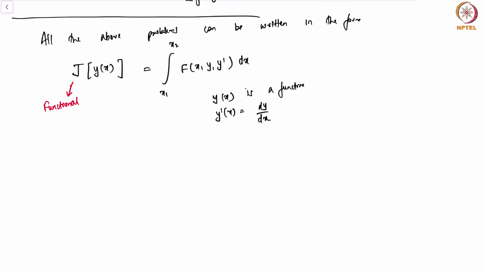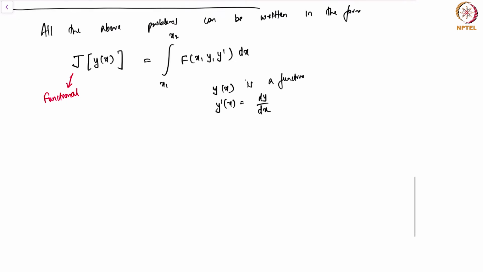So the goal is, we have a functional J and we want to minimize, or extremize, this functional J, and the goal is to determine the shape y of x.